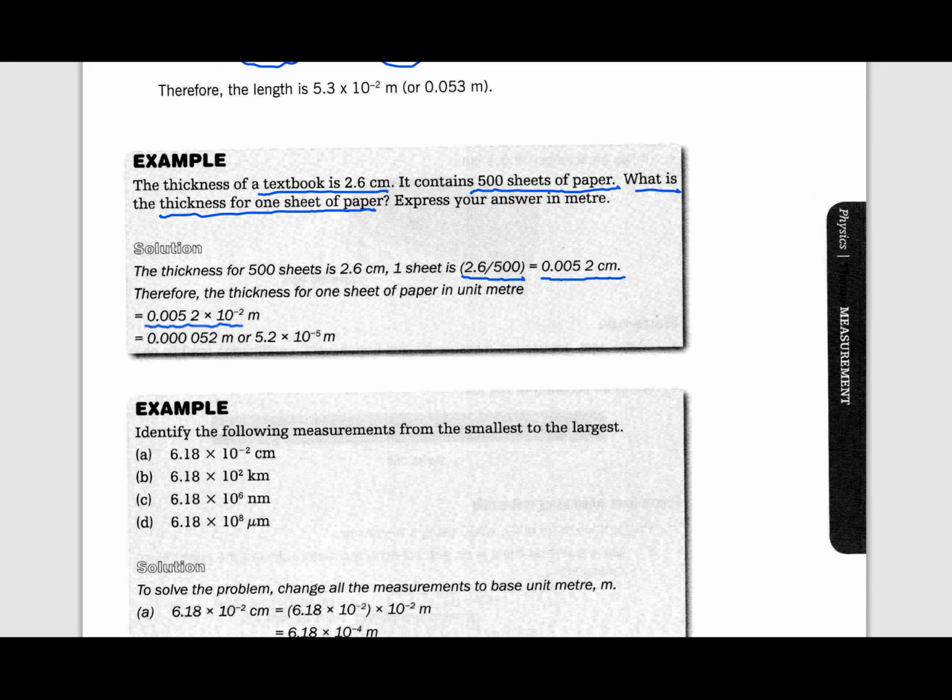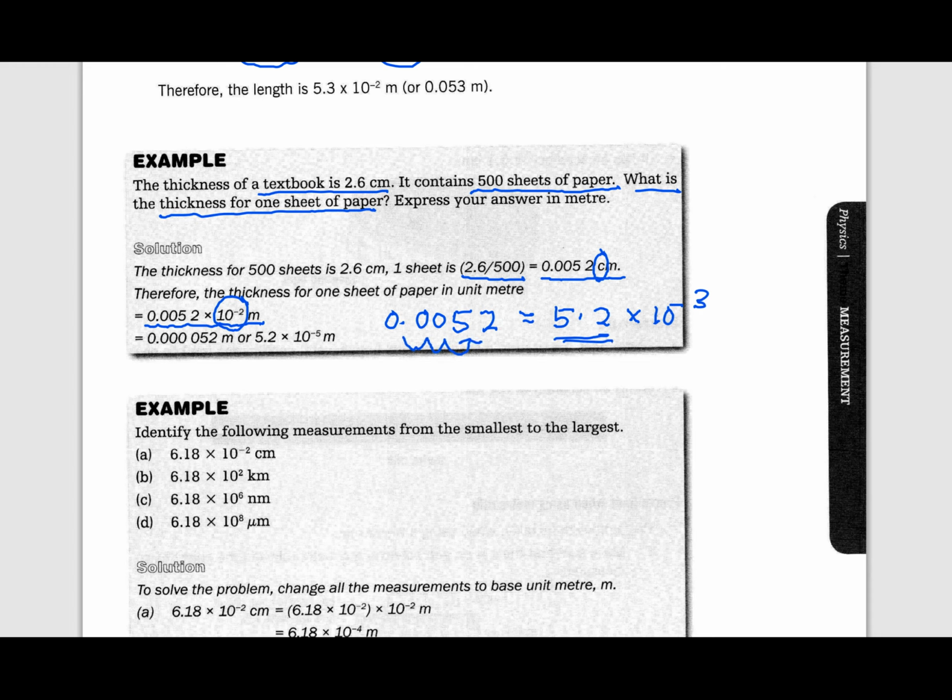Now 0.0052 centimeters is 0.0052 times 10 to the power minus 2 meters, because the centi is 10 to the power minus 2. And we can also convert 0.0052 into 5.2 multiplied by 10 to the power of minus 3. In doing so, we shift the decimal place 3 places to the right and we get 5.2.